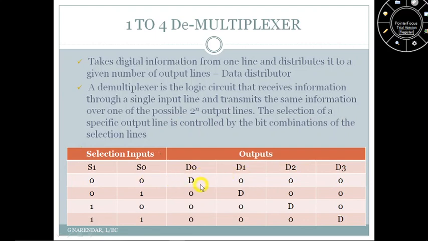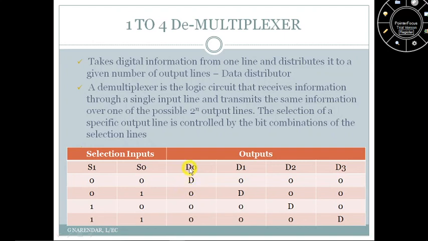So from this truth table we can obtain the Boolean expression for all the 4 outputs, that is D0, D1, D2 and D3. And once we obtain the Boolean expressions, then we can draw the logic circuit using any of the logic gates.